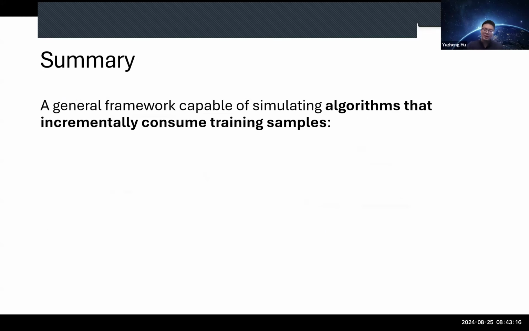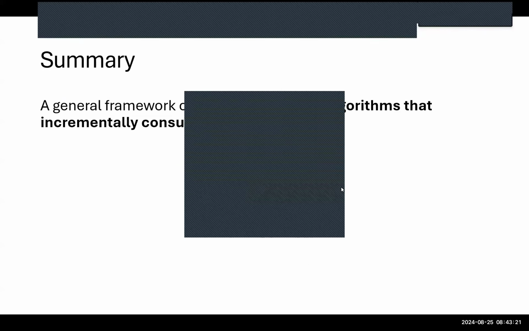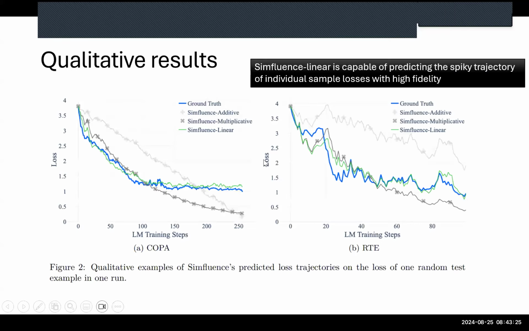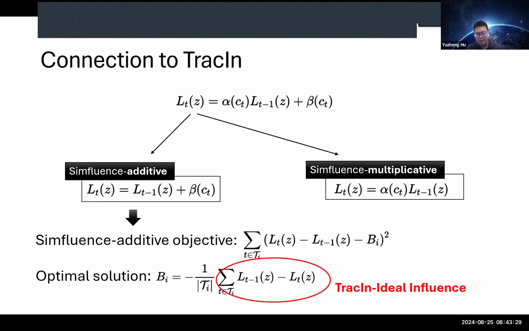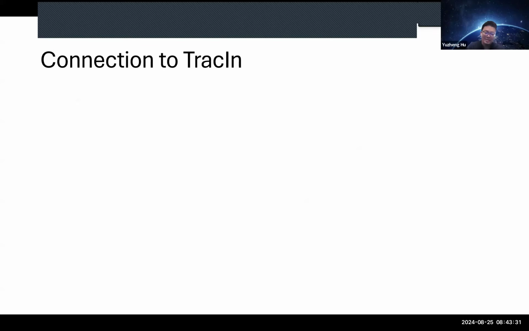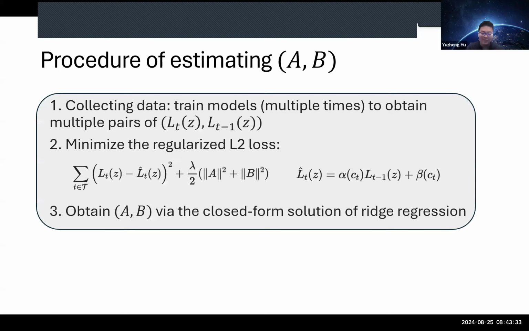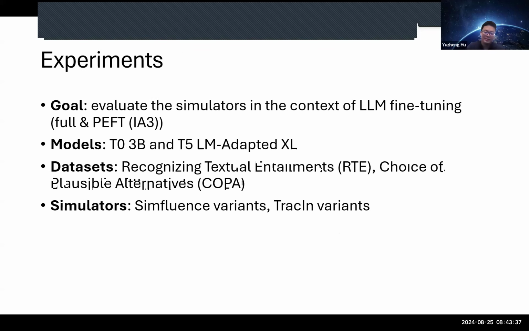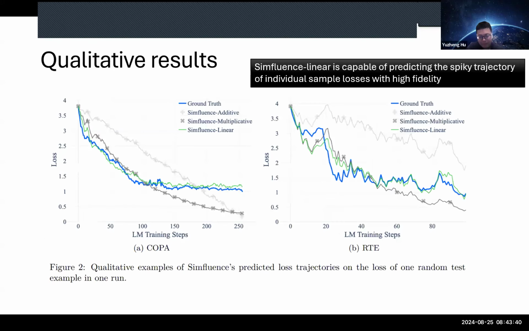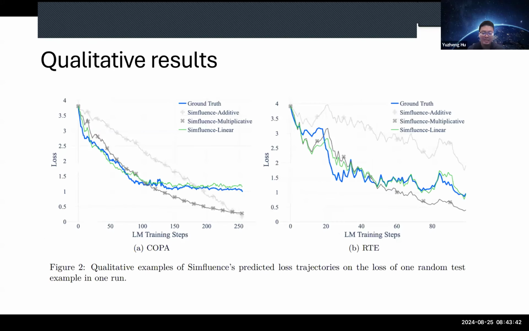So can I have a question? Yeah, sure. Could you recap what is the reason that we are interested in simulating this loss trajectory at the beginning? Sure. I think it's pretty powerful, because this figure provides very rich information.